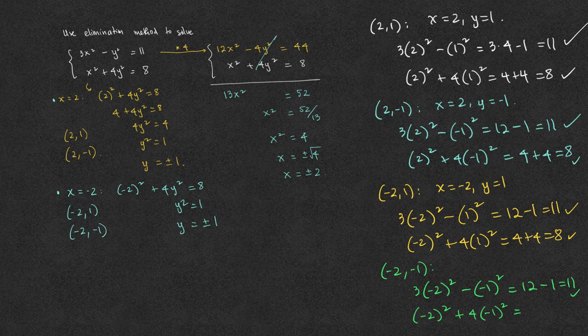This is 4 plus 4, so this is also 8. This checks out as well. So yes, x equals negative 2, y equals negative 1 is also a solution. We didn't really have to check these because all of these are squared. So if the positive works, then the negative also works. So we have 4 solutions in this case.